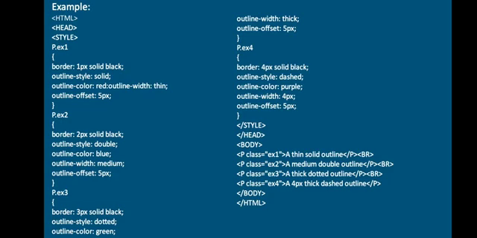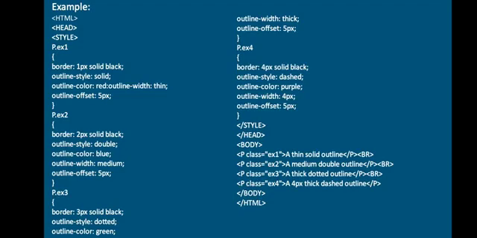That is, the distance between the border and the outline is 5 pixels. Now, in the body section, I have applied the 4 classes to 4 different paragraph tags. The first paragraph tag has the ex1 class, the second paragraph ex2 class, the third paragraph ex3 class, and the fourth paragraph ex4 class.